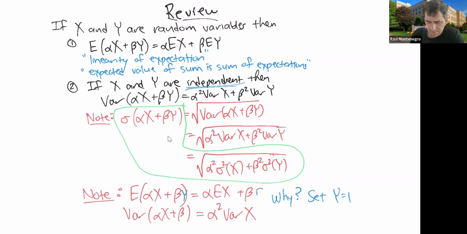Then what is the expected value of 1? It's 1. If everyone gets 1 point, your average score is 1. Then how much does the value 1 vary? It doesn't. It's always the same. And so this term would go away, and the EY would be a 1.